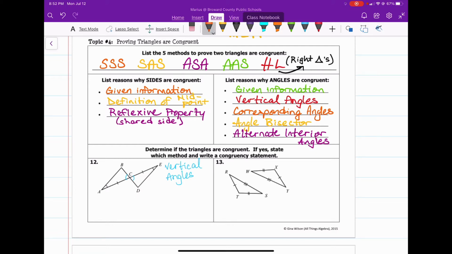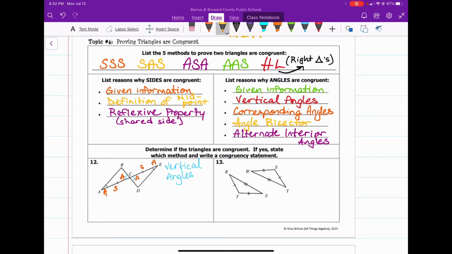All right. So I'm going to use an A for angle and an S for side. So there's an angle congruent marking, a side congruent marking, then an angle congruent marking. And when I look at the second triangle, I have an angle congruent marking, a side congruent marking, and then an angle congruent marking.